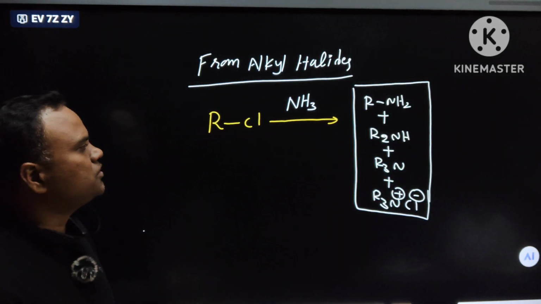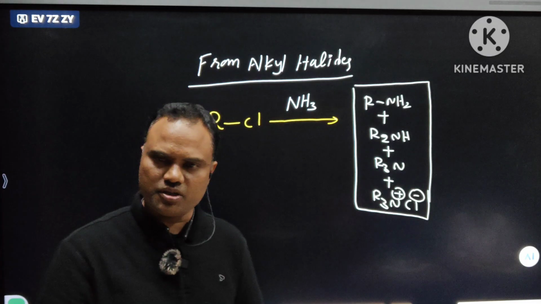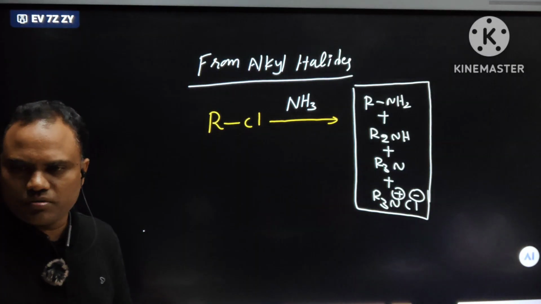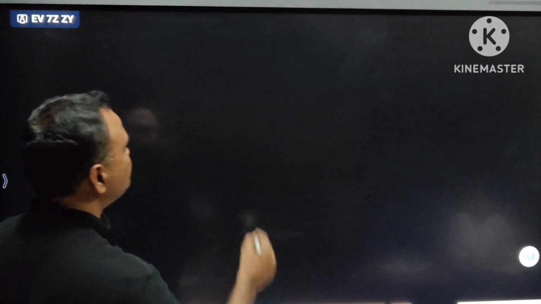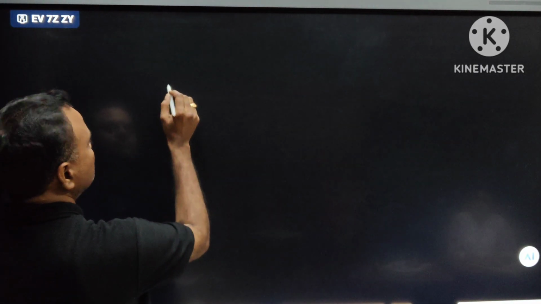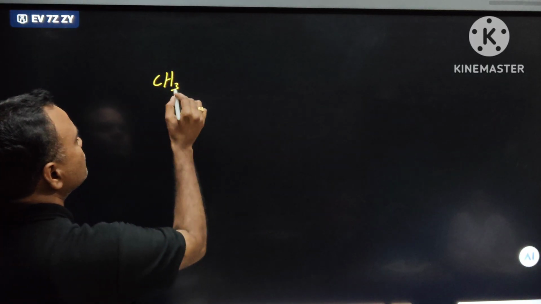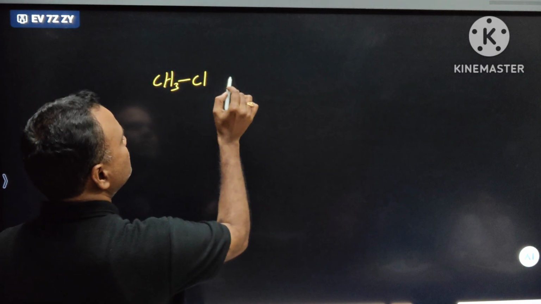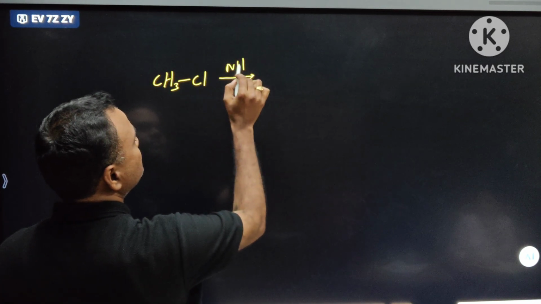Okay, let us see how we will get different types of amines: a mixture of primary, secondary, tertiary, and quaternary ammonium salts. Let us take one example. CH3Cl, ammonia.